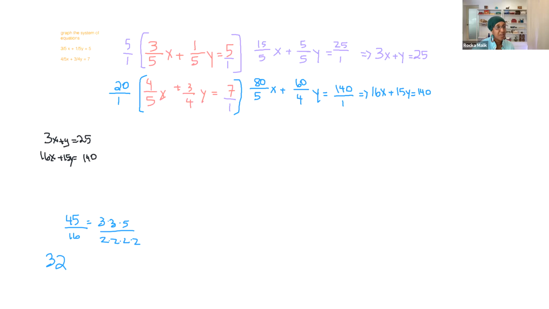Get rid of the Y's. Good job, Olivia. Let's get rid of the Y's. So this is already a 15Y. We need to make this a minus 15Y. So I'll multiply the whole thing, all of the terms in this equation, by minus 15.